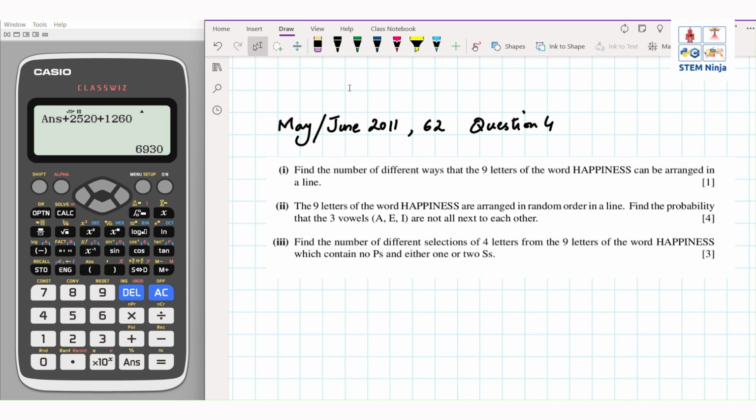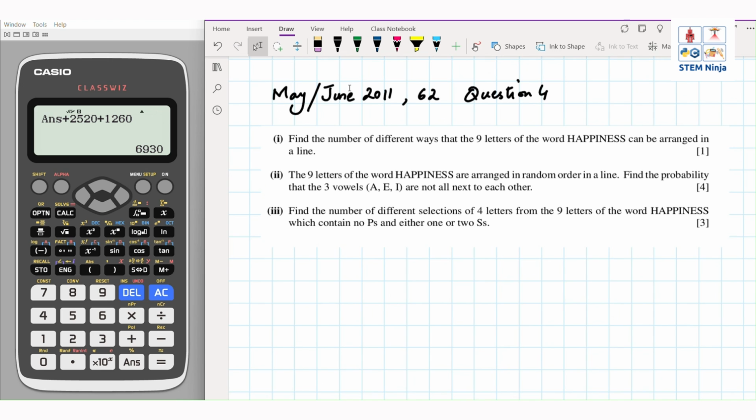All right. So other variant. First question. Find the number of different ways that the 9 letters of the word happiness can be arranged in a line. Okay, so what we notice over here is that we have two P's, basically identical, and two S's.